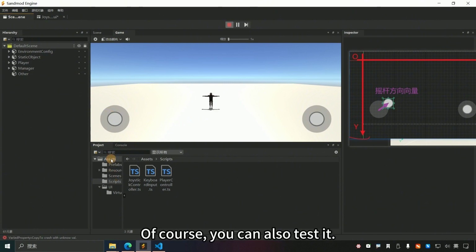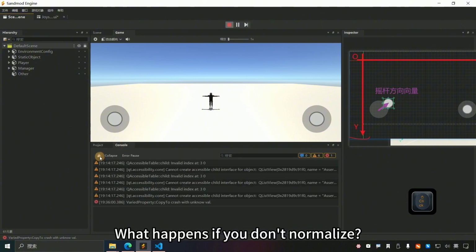Of course, you can also test it. What happens if you don't normalize?